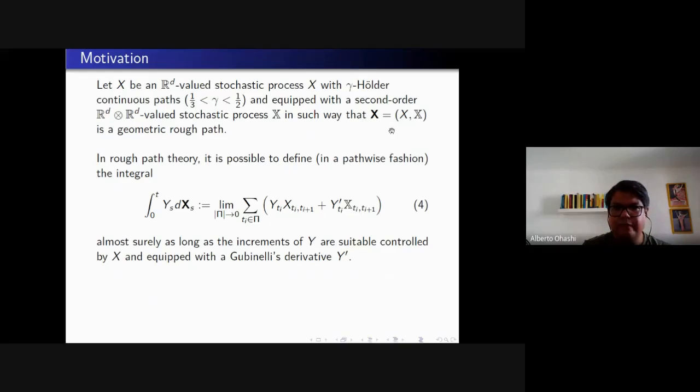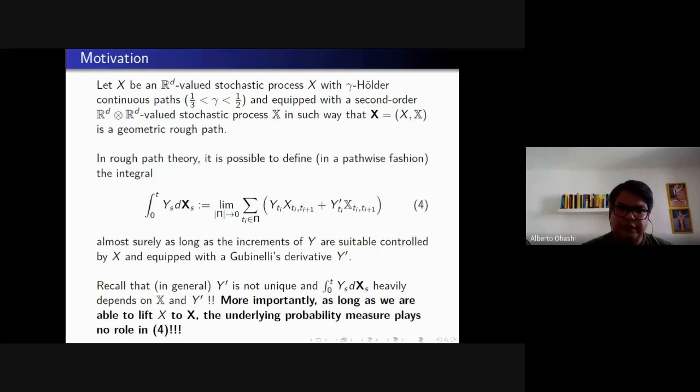As I said before, in rough path theory you can define this convergence almost surely, as long as the increments of Y are suitable, with a kind of regularity with respect to the driving noise in a linear way, and Y prime is called the Gubinelli derivative. I just want to mention that Y prime is not unique, and the rough path integral heavily depends on your choice of double X and Y prime.